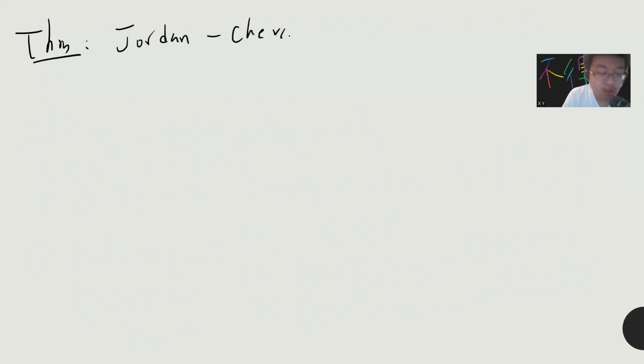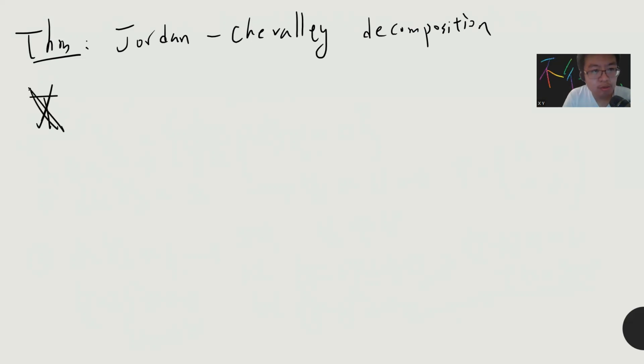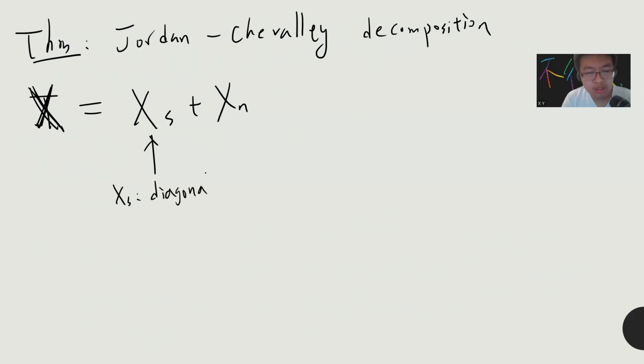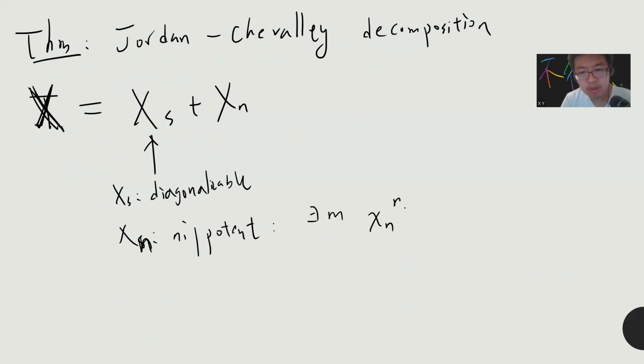So this is the main theorem that we will prove, basically the Jordan-Chevalley decomposition. Any operator T, let's use X, can be written as X_s plus X_n, such that X_s is semi-simple, simply speaking X_s is diagonalizable, and X_n is nilpotent. Nilpotent means there is an m such that X_n to the power m is equal to 0.